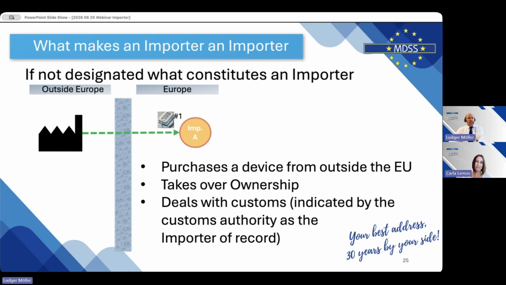You see that everywhere. So you see the importer being identified on the product. But if you sell directly to someone who is using it, then there is no importer. Right, that needs to be. So the information in EUDAMED must be in there.